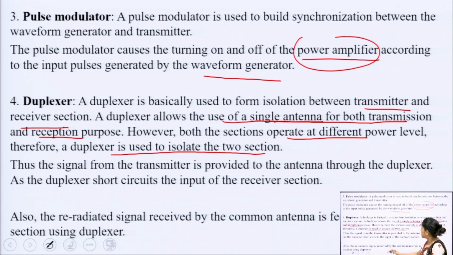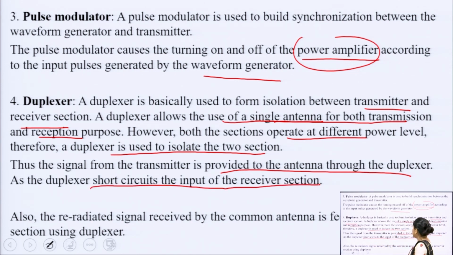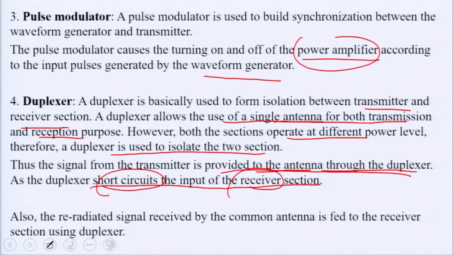The signal from the transmitter is provided to the antenna through the duplexer, and the duplexer short circuits the input of the receiver section. So, what is happening here? When the transmitter is working, the signal is provided to the antenna through the duplexer for transmitting. In that case, our receiver section has been short circuited by the duplexer, so the receiver section is not working.